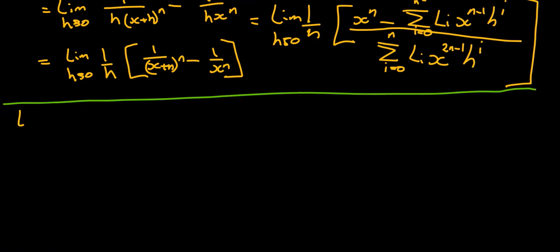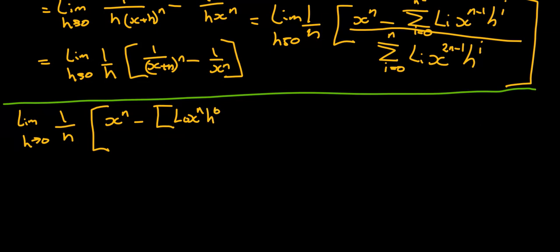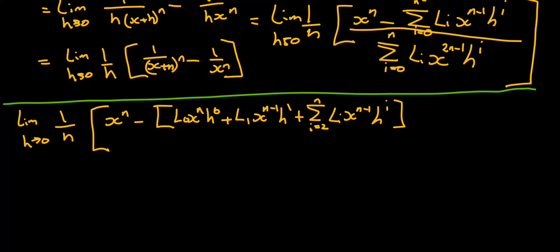Okay, so we've got the limit as h goes to 0 of 1 over h times x to the n minus, let's open up the bracket: nC0 x to the n h to the 0, nC1 x to the n minus 1 h to the 1, then we start at 2 and go up with nCi x to the n minus i h to the i. Okay, and let's do the same down the bottom.